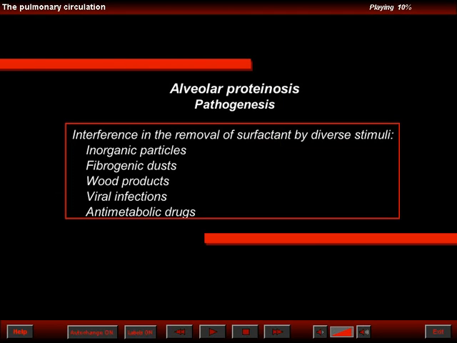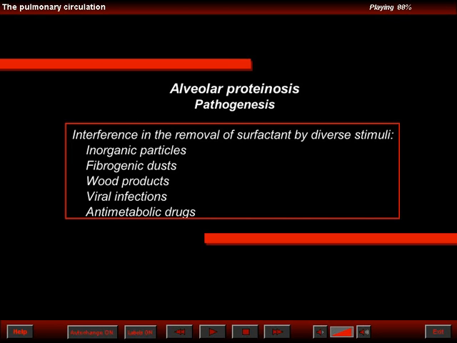In pulmonary alveolar proteinosis, there appears to be interference with the cycle, particularly in the removal of the surfactant by diverse stimuli, such as inorganic particulates, fibrogenic dust, wood products. Some consider that viral infections and antimetabolic drugs are involved in the mechanism of alveolar proteinosis.